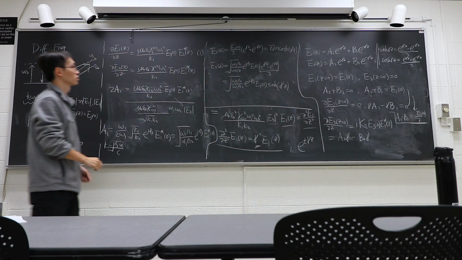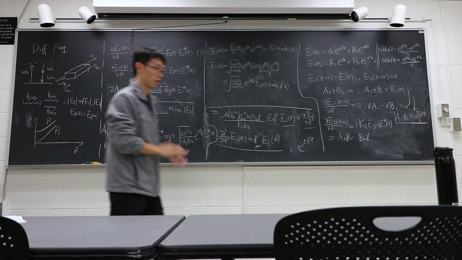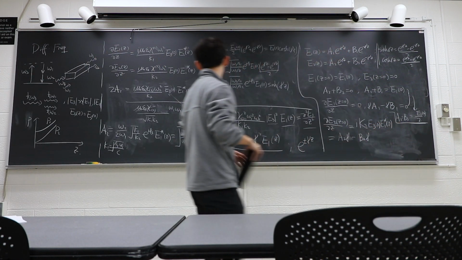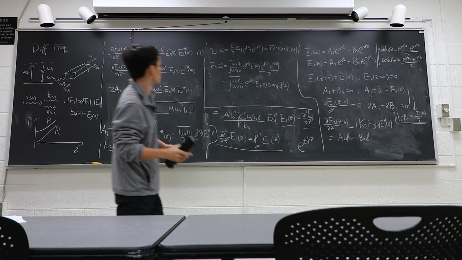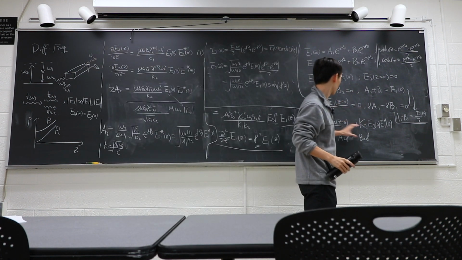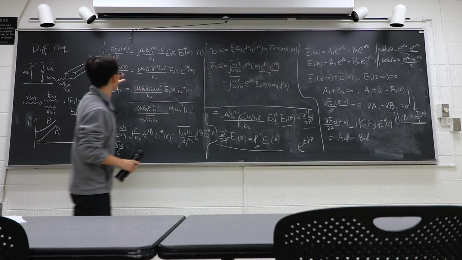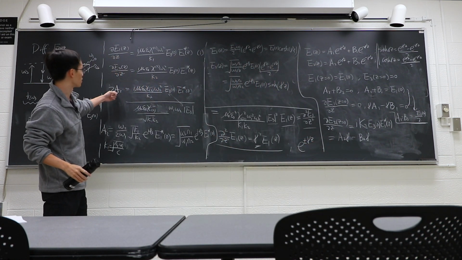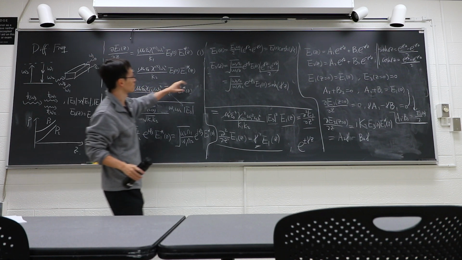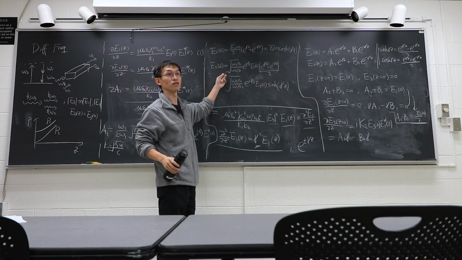So by looking at this result, one thing you notice is that we actually don't have to go through this step to calculate the A2, because there's a photon number conservation here.